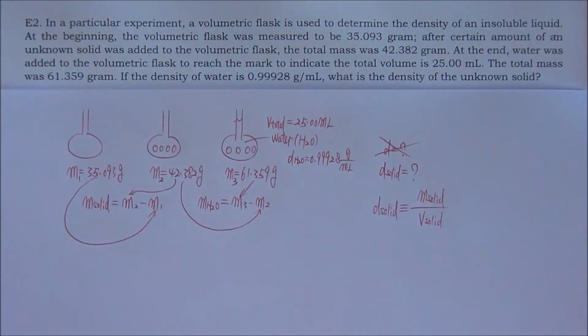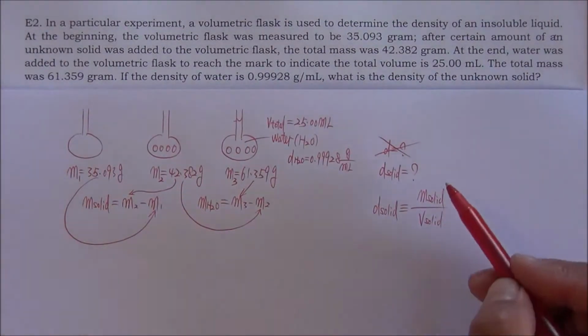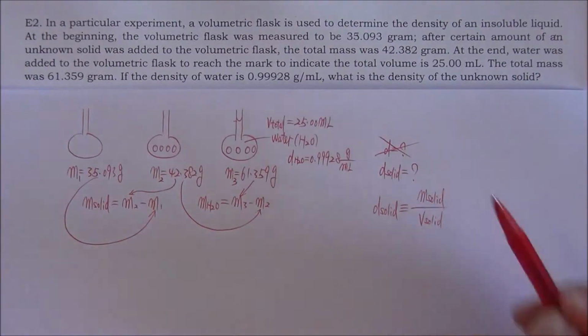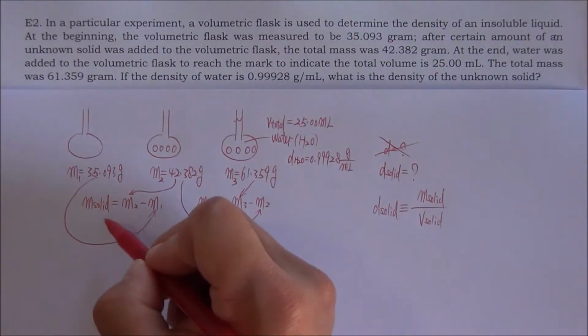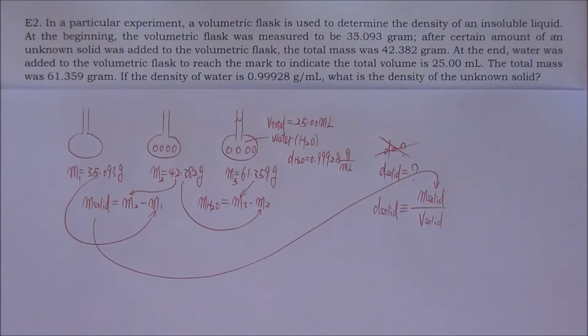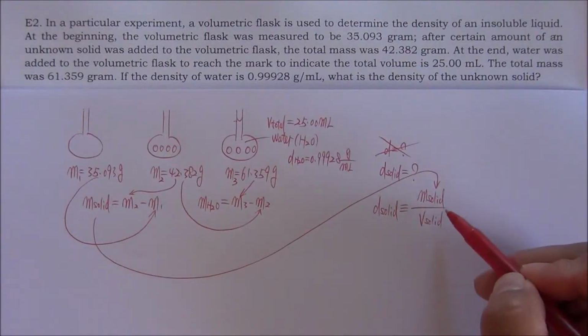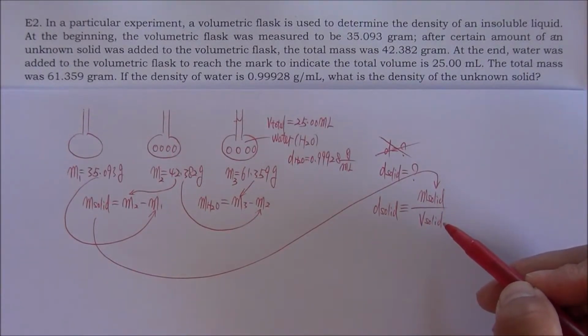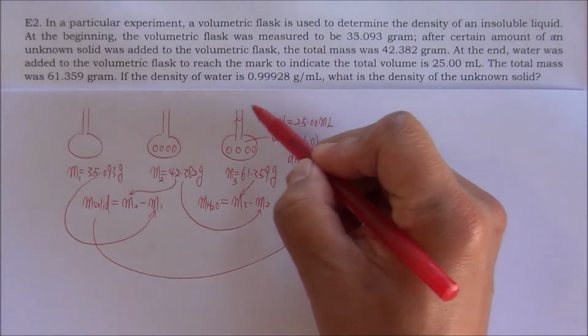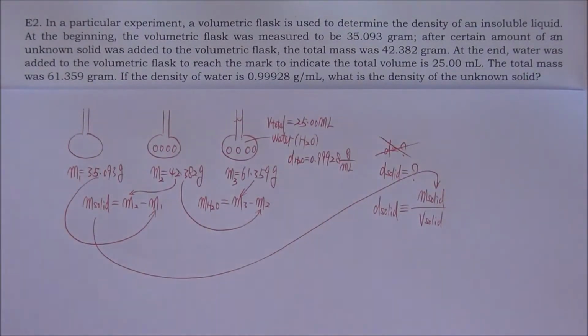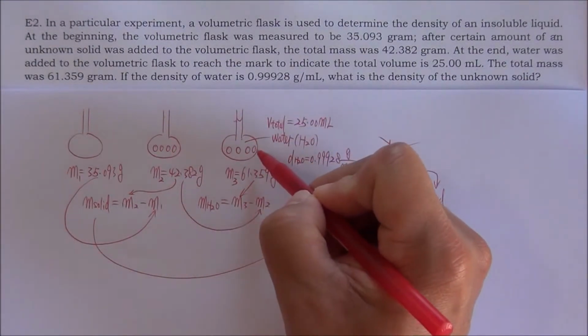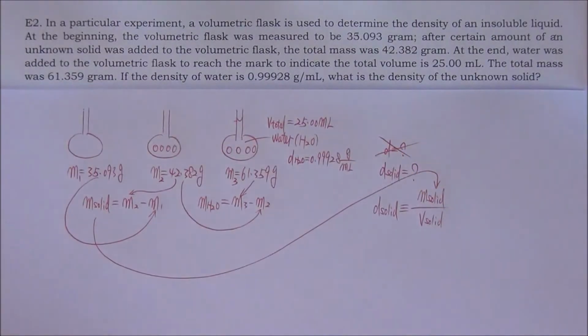Then, let's look at what we're given, what we can calculate, and what we're looking for. From our calculation, we already know the mass of the solid from this calculation. But we don't know the volume of the solid. Let's read what we're given. We know total volume, which is the volume of the solid plus the volume of the water.